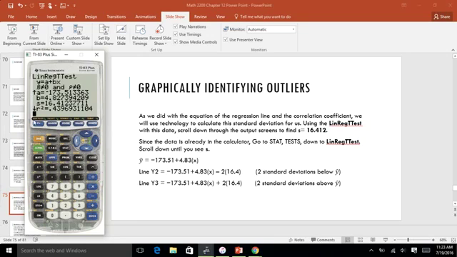Okay, so I'm going to go back to Y, and for Y2, I'm going to put negative 17.51. Oops, it does it again. Let me do that: negative 173.51, plus 4.83x, minus 2 times 16.4.